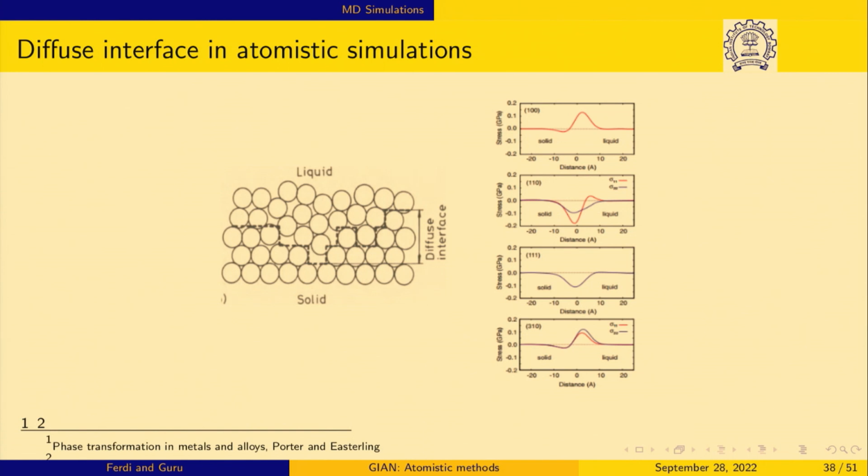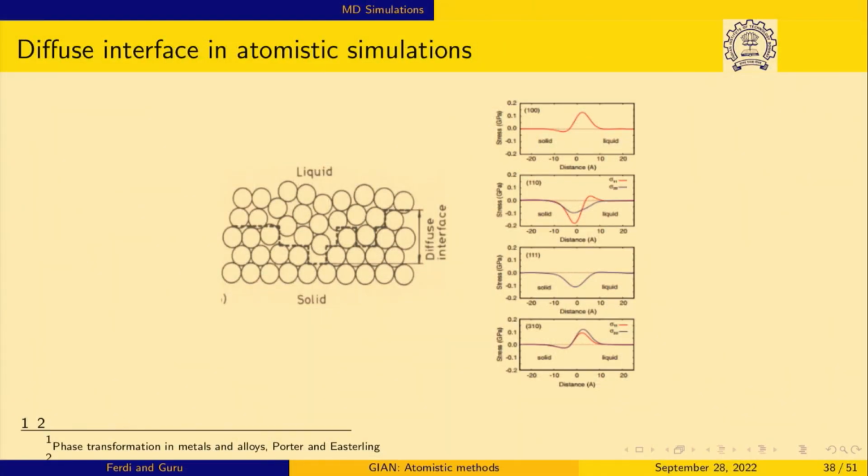So, to do that, in the atomistic simulations you have the interface to be diffuse, and this schematic is there in Porter and Easterling. Solid liquid interface you look at, solid melt interface you look at, if it is a rough interface, then sometimes you call it a mushy region or whatever.